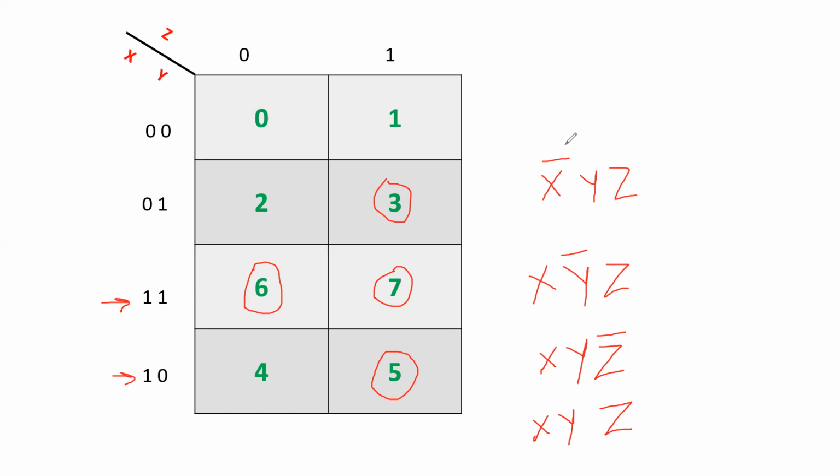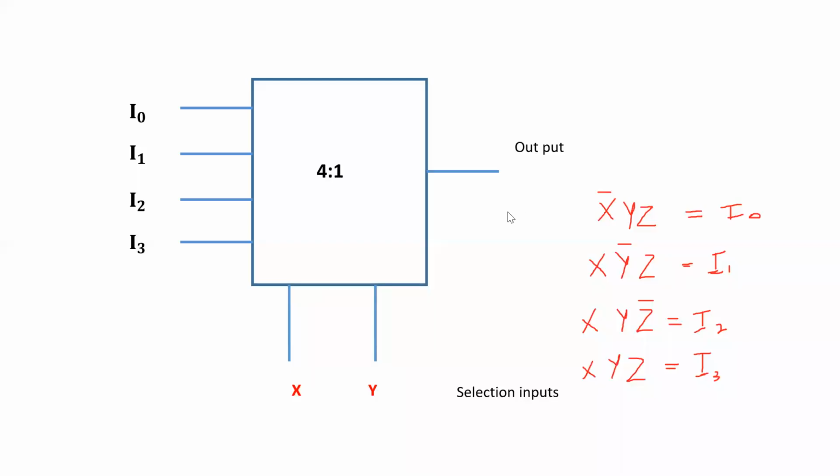Since we have written these outputs in the form of these expressions, now the output x complement y z is equal to I0. We are using a 4 by 1 multiplexer, and it has two selection lines, which are given the variables x and y.